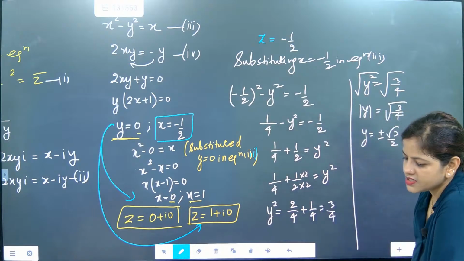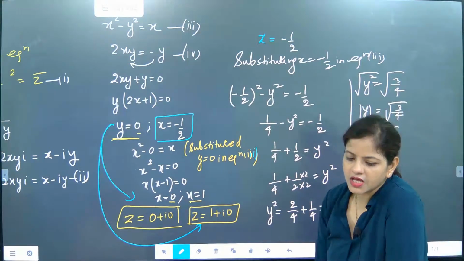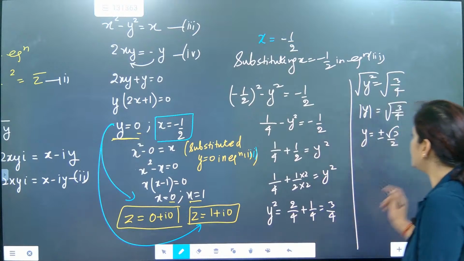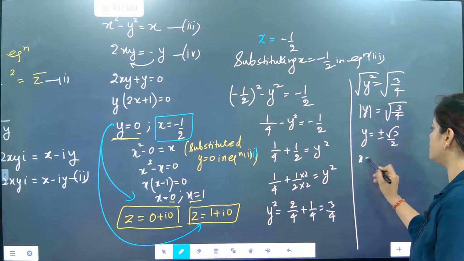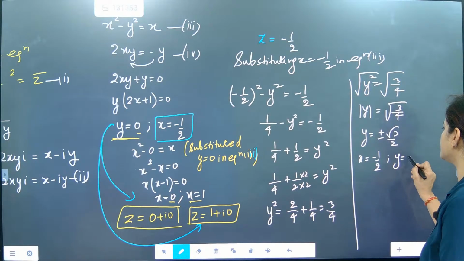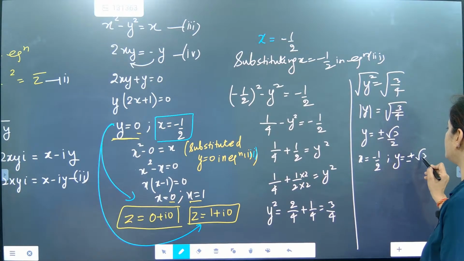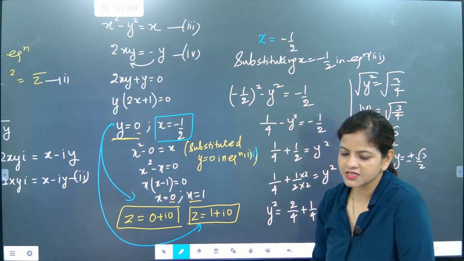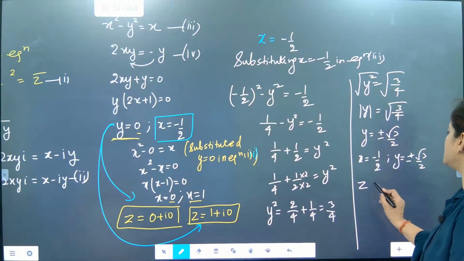What is exactly the conclusion, beta? If you check it nicely, now x is equal to minus 1 by 2 and y is coming for two values, plus minus root 3 by 2. So again another complex numbers we are going to get. This time what will be our complex number, beta?